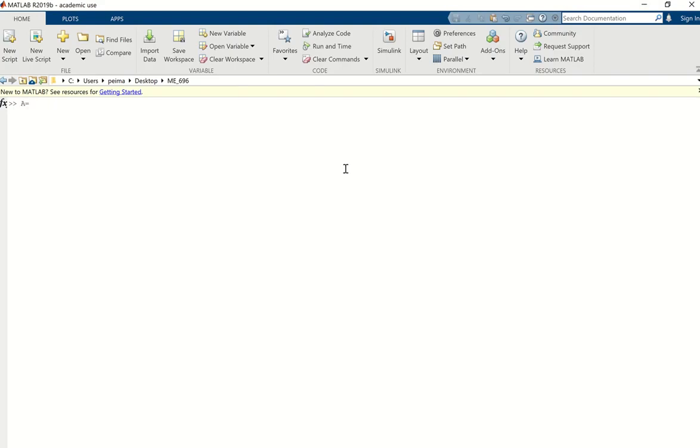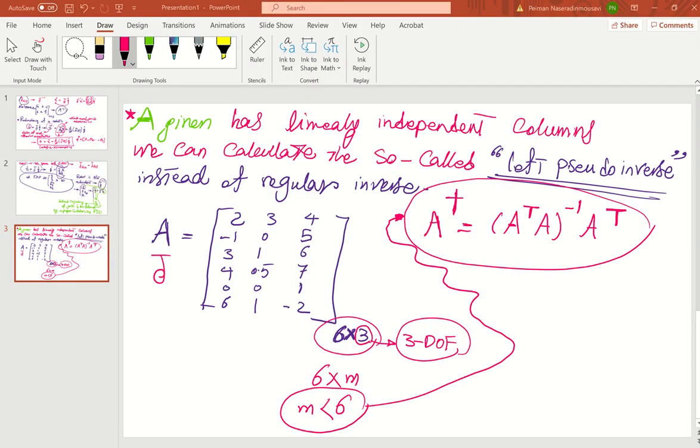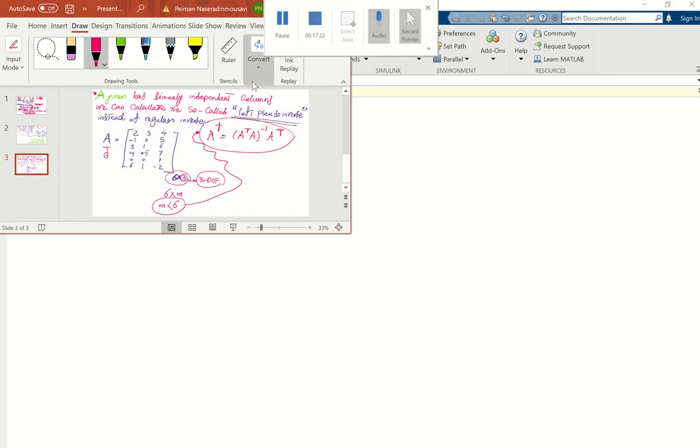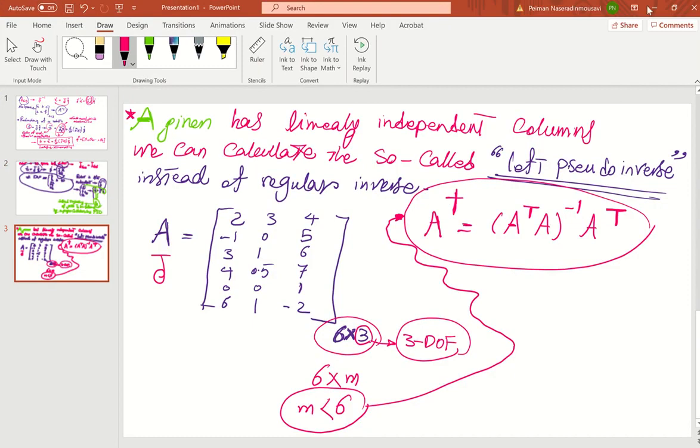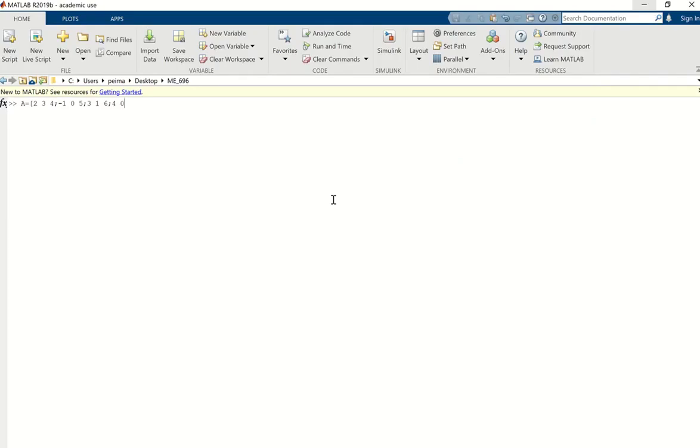So I'm saying that matrix A is 2, 3, 4; minus 1, 0, 5; 3, 1, 6; next line is 4.5, 4.57; next line is 0, 0, 1; next line is 6, 1, minus 2.